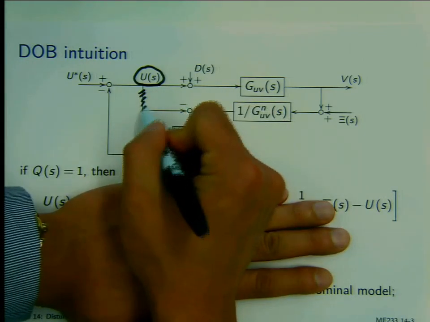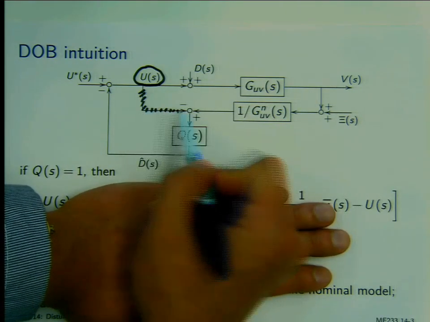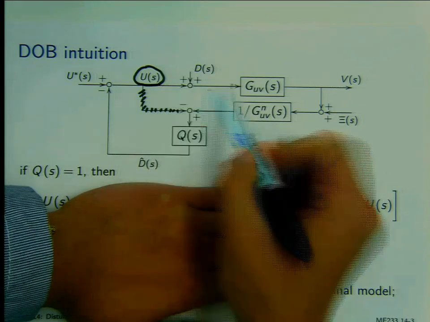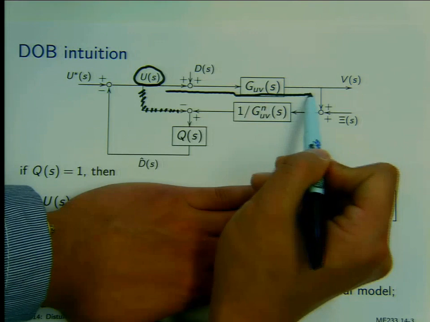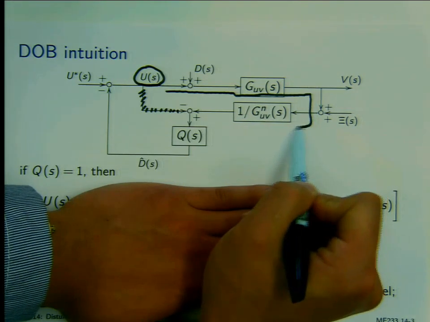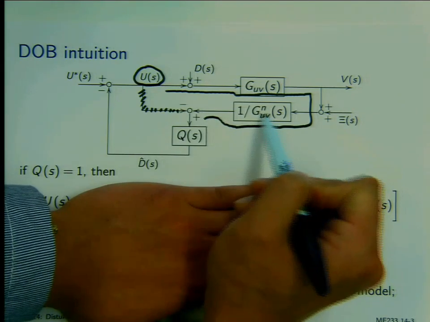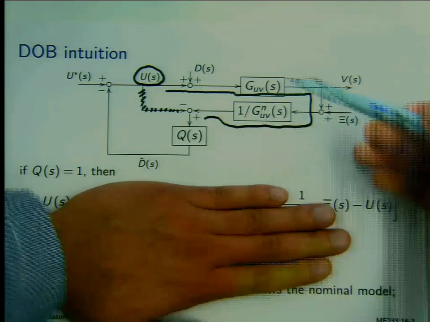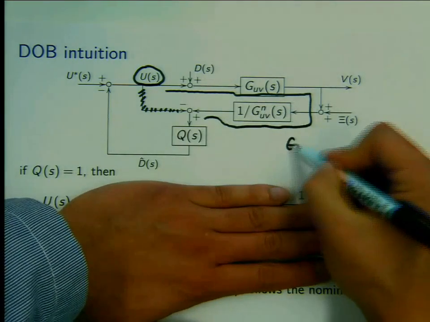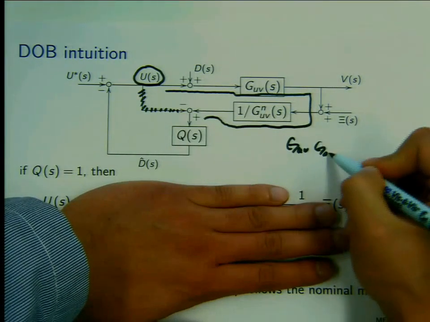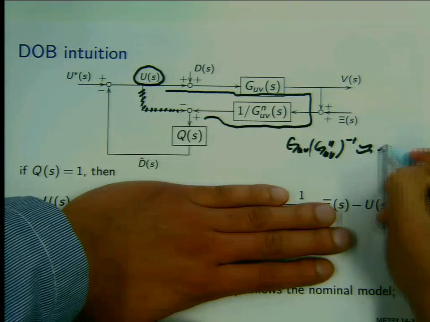The first path is here, through the identity line. The second path first goes through the plant, and then, pay attention, the inverse of the nominal plant model. So if these two match well, what will this product GUV times GUVN inverse be? It's going to be approximately 1.